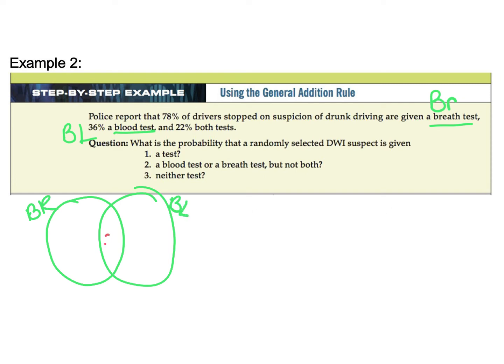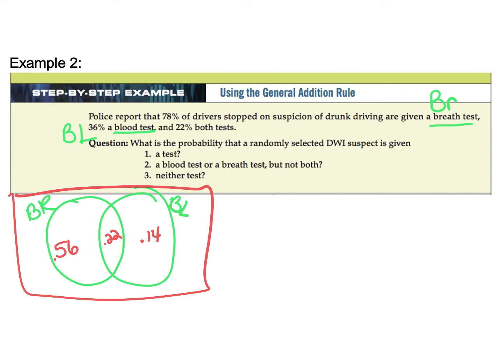That's 22% get both, 0.22. So breath test is 78%, minus 22% is 56%. Blood test, 36%, minus 22% is 0.14. And then get neither. When I add those together, it's 0.92, so 0.08 are going to get neither here in the corner.